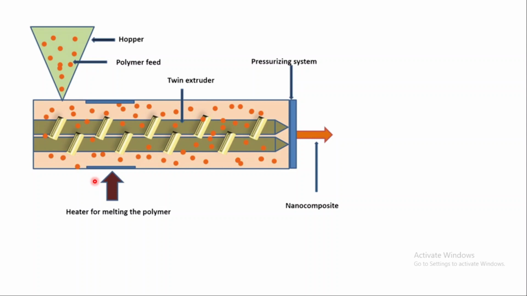As you can see on my screen, this is a schematic for a melt mixer. There is a structure called a hopper where we feed the polymer. This polymer can be the starting material, it can be the bulk material, or it can be two different nanomaterials. If you have encountered a type of nanomaterial called a nanocomposite, nanocomposites have properties of different nanomaterials in a single particle, right?